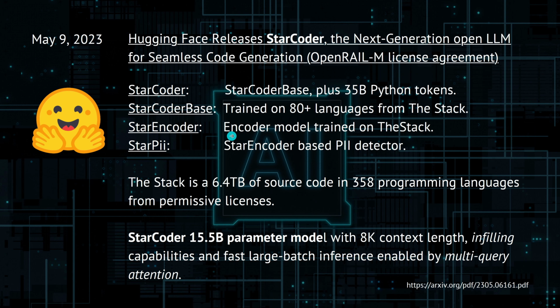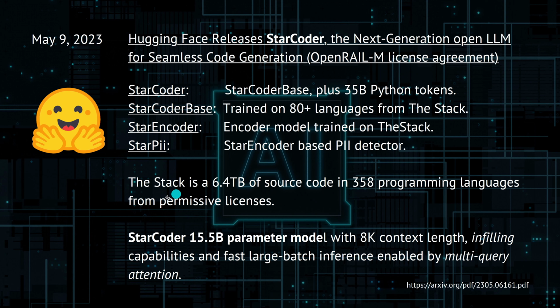Now, I will show you that there's also an encoder model, StarEncoder, and there's something about personal information. So beautiful. What is the Stack? This is a source code library, 6.4 terabytes of information, and it includes 358 programming languages from permissive licenses.